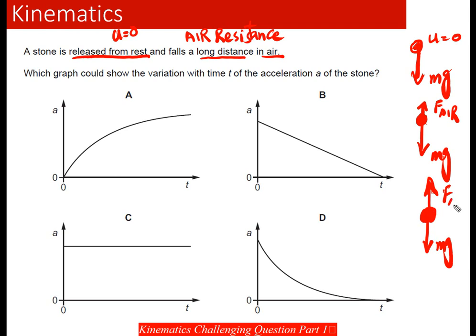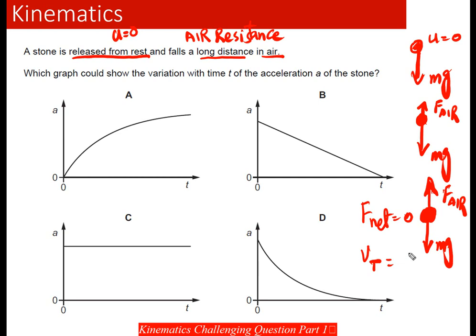So this is F air, meaning mg is balanced by air resistance. At this point we can say F net has to be equal to 0, or simply we can say the object has reached terminal velocity.